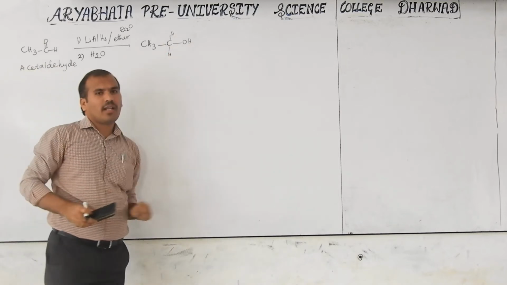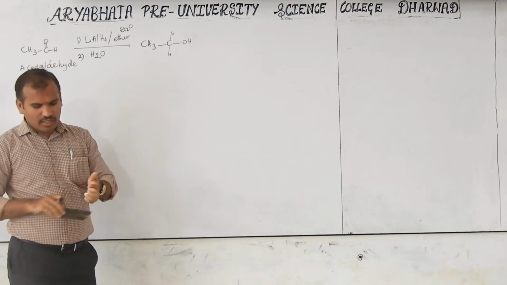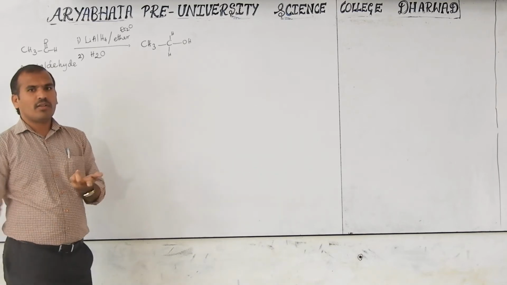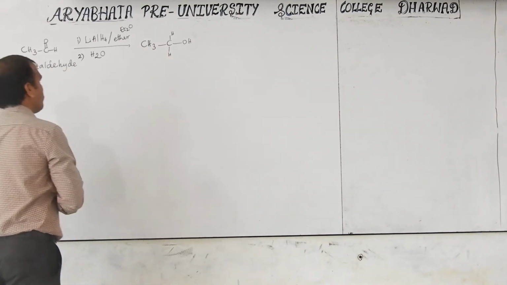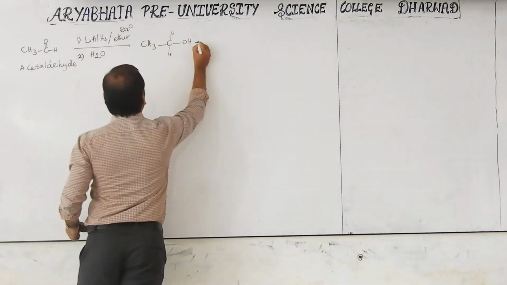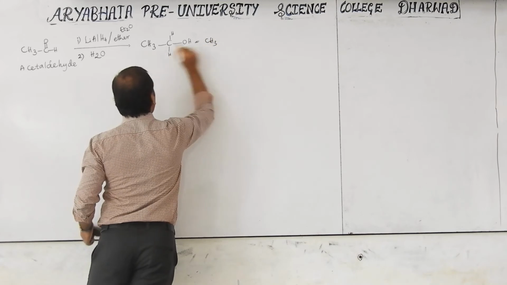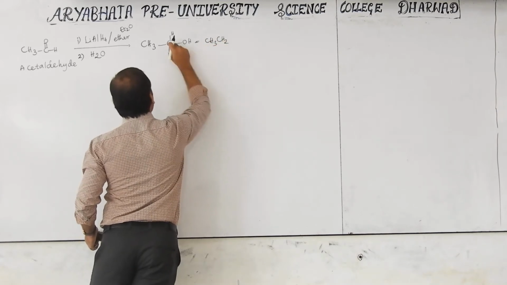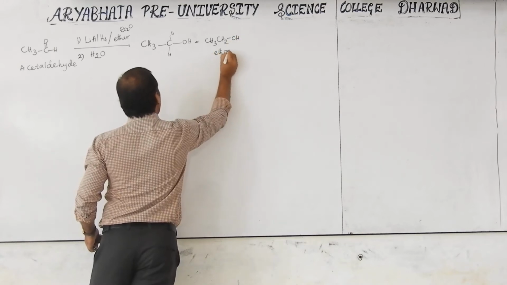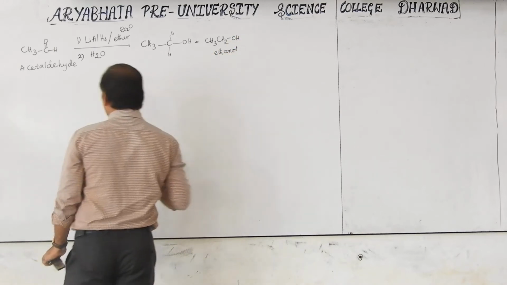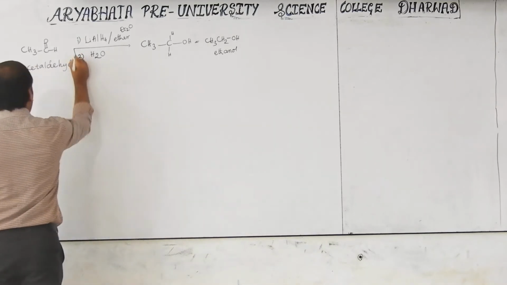How many hydrogens are there now? Two. Addition of hydrogen is what you call reduction. This is called reduction, okay? Now this is simply written as CH3, CH2, CH2, OH. What is this? Propanol. Okay? This is one step.